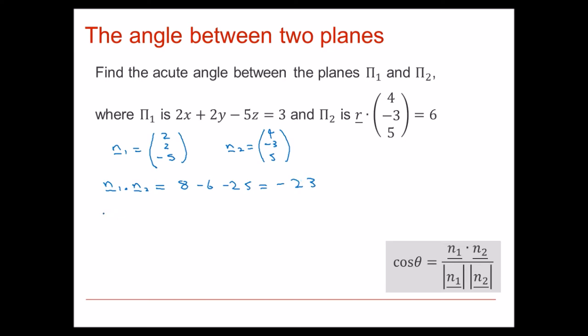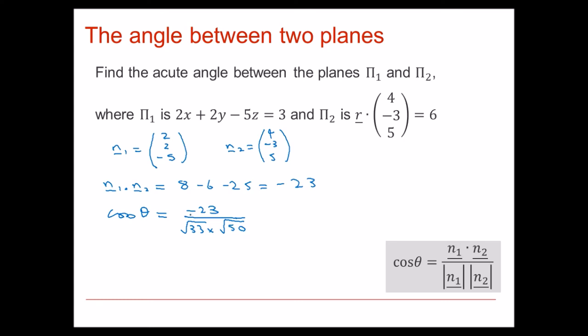So now when I use the formula for the angle between the planes, cos theta is the normal vectors dotted together, which is minus 23, over the magnitude of this first one, so that's 5 squared and 2 squared and 2 squared, is root 33, and the magnitude of the second normal vector, 5 squared, 3 squared, 4 squared, is root 50.